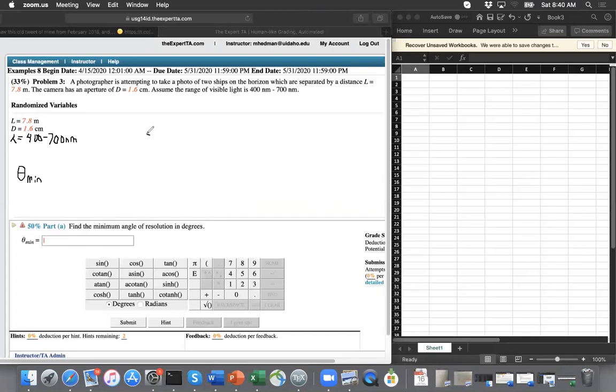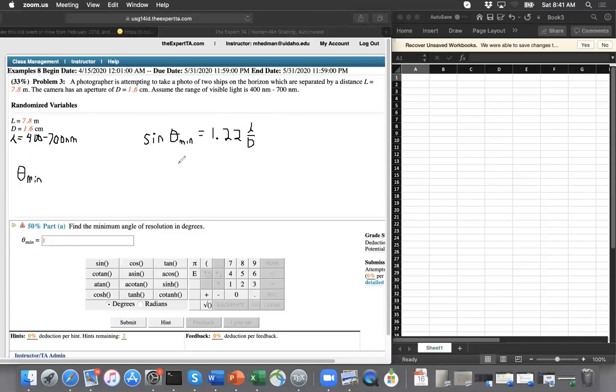Well, we know there's a relationship between the minimum angle of resolution, typically expressed in terms of sine theta min, and what that is given as is 1.22 lambda over D.